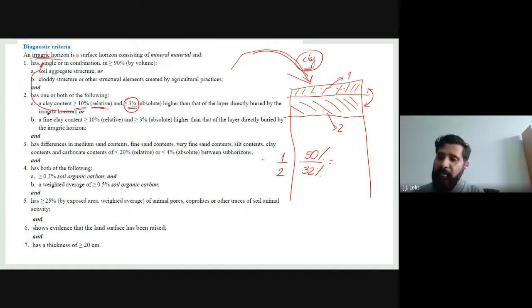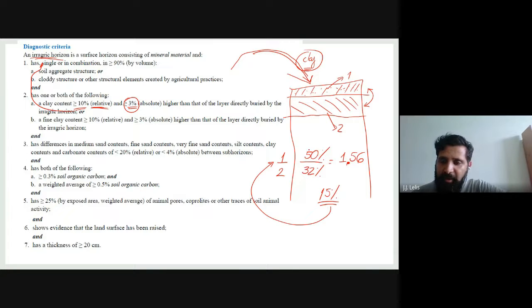Yes, it's a dot, I'm sorry, 1.62. So I have at least in this condition 15% of higher clay content in the first horizon in relative terms.